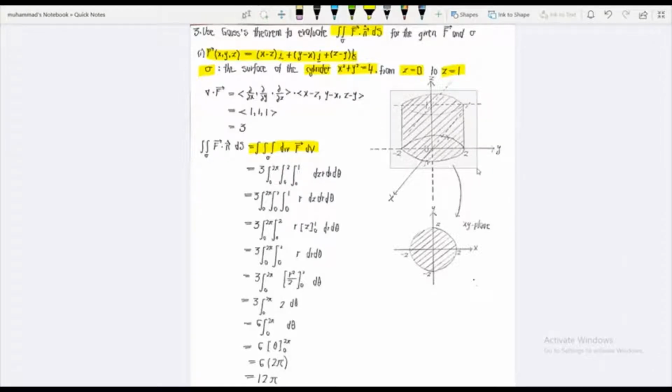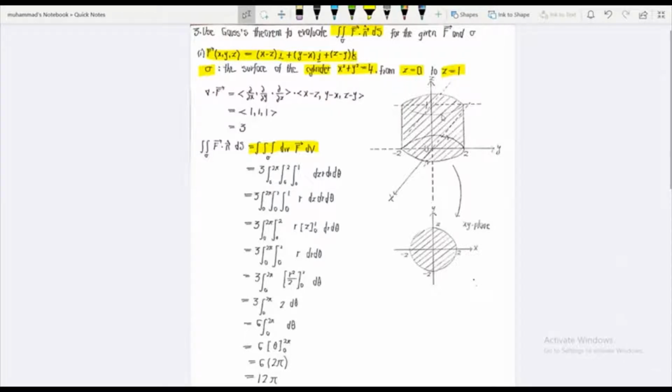For this question, we will use cylindrical coordinates because of the formula we need to use, which is triple integral divergence F dV. First, we need the limits for z, r and theta. From this, we know that the limit for z is from 0 to 1.